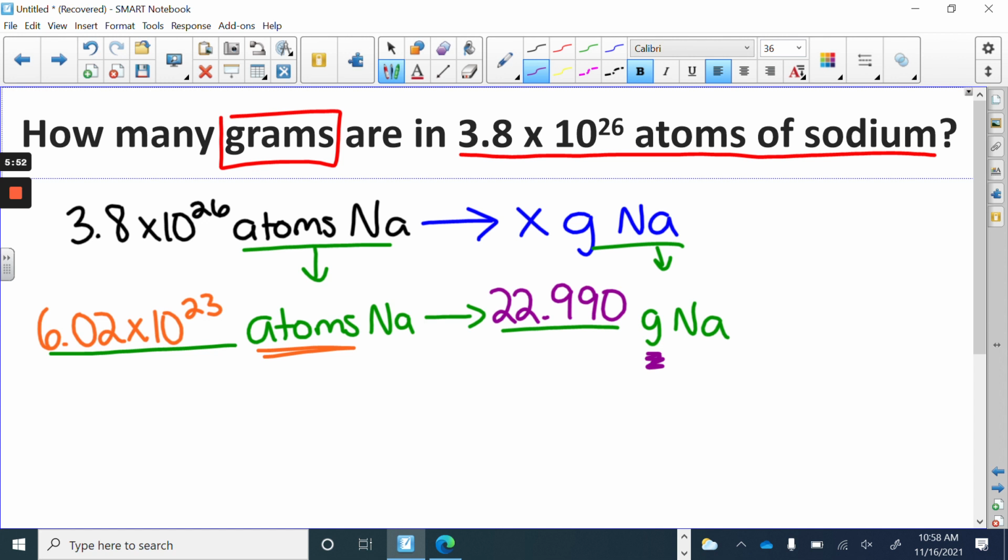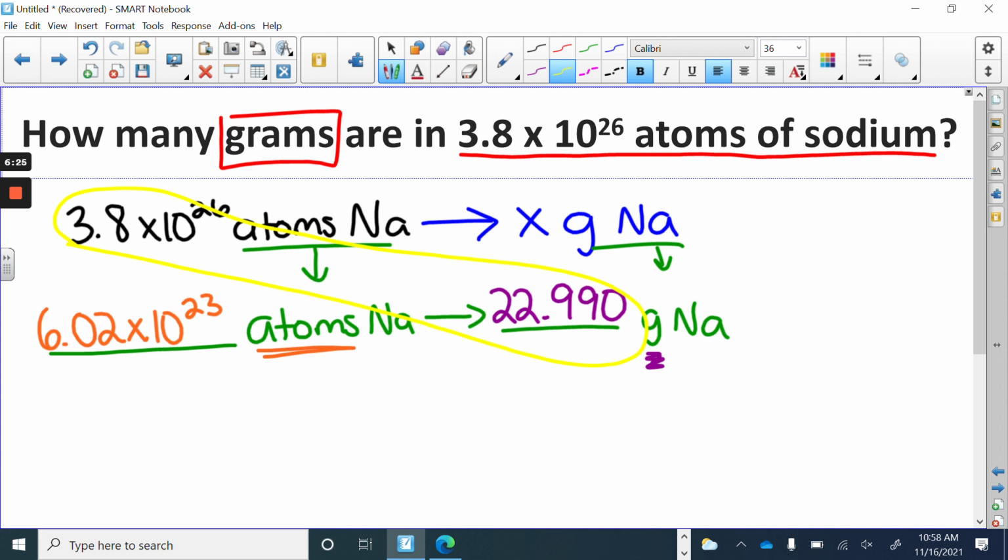Now we have our blanks filled in. So all we need to do is butterfly it, right, and plug it into our calculators. So 3.8 times 10 to the power of 26 times 22.990, enter, divided by 6.02 times 10 to the power of 23, enter.